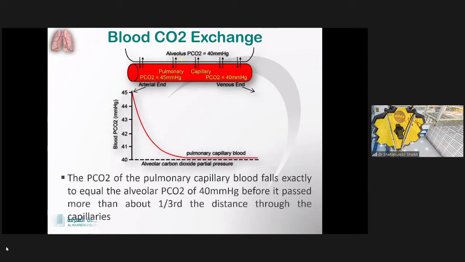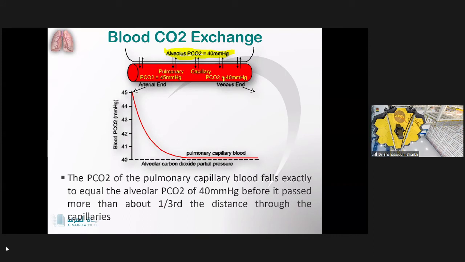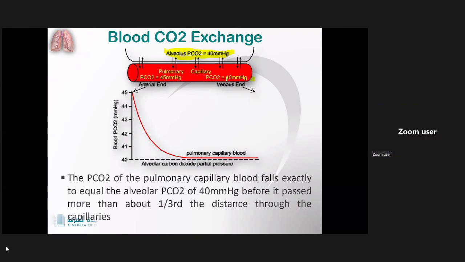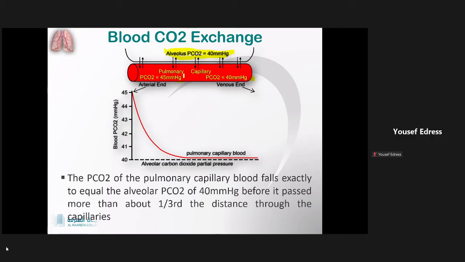Now my question is, how much is the partial pressure of carbon dioxide in alveoli? 40. In arterial blood? 40. In venous blood? 45.